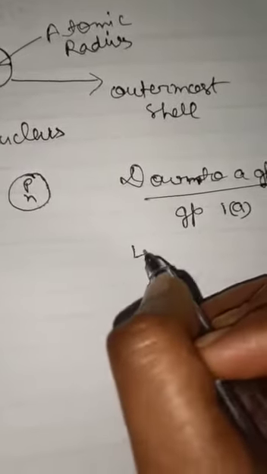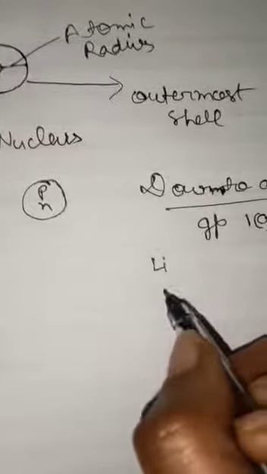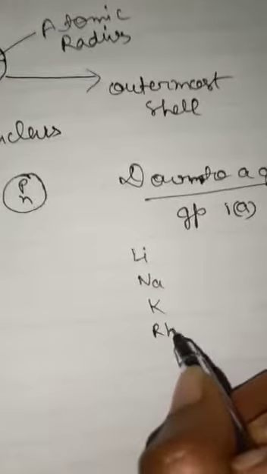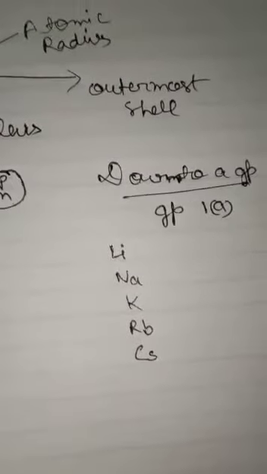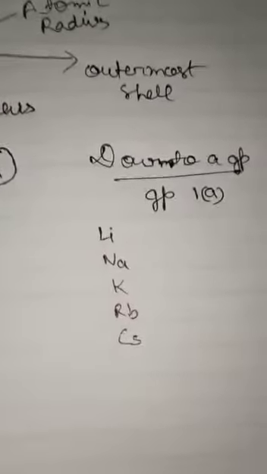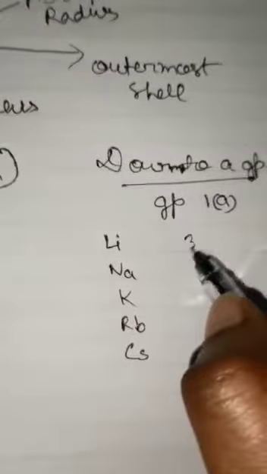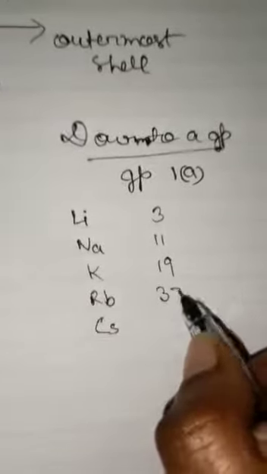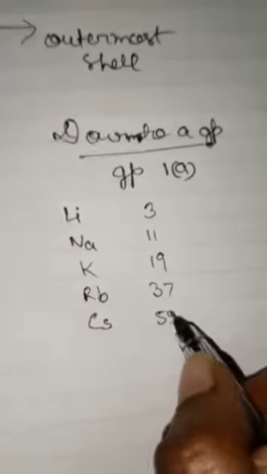In this group, we can see lithium, sodium, potassium, rubidium, cesium. These are some of the metals present in this group. The atomic number of lithium is 3, sodium 11, potassium 19, rubidium 37 and cesium 55.